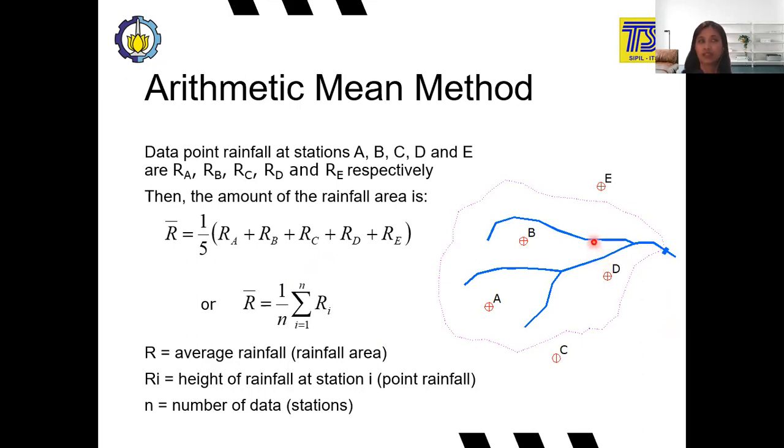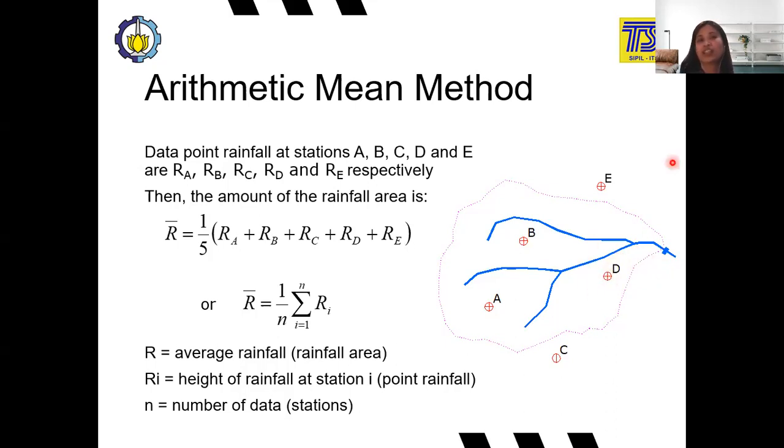It is similar to the previous method, the average one, but this one has a rather different name. But actually it is also done by using the average equation. So here we have data point rainfall at stations A, B, C, D, E. From previous problems, we got station D, which had incomplete data.